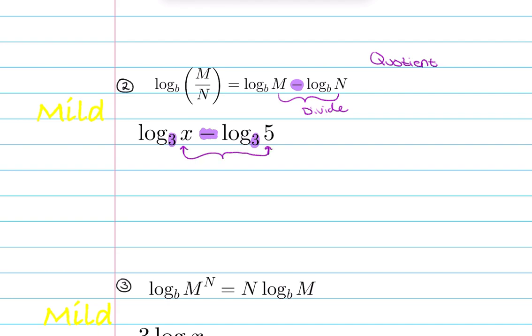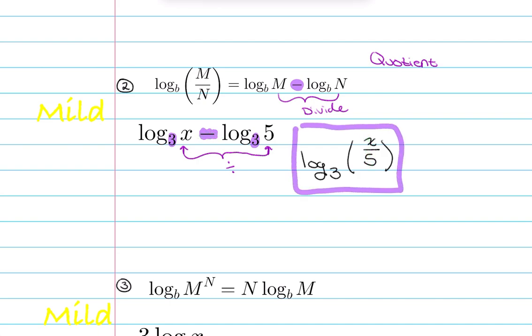The x will go on top since it came first. So my ending answer would be the log base 3, again, you don't mess with your bases, once it's 3, it stays 3, of x over 5. Subtraction means divide your arguments. And there's my ending for that mild example.